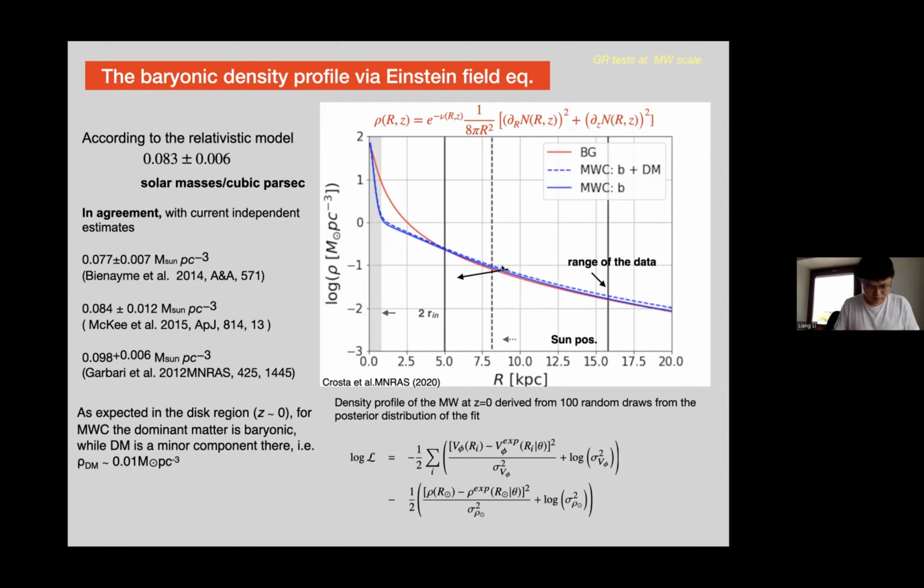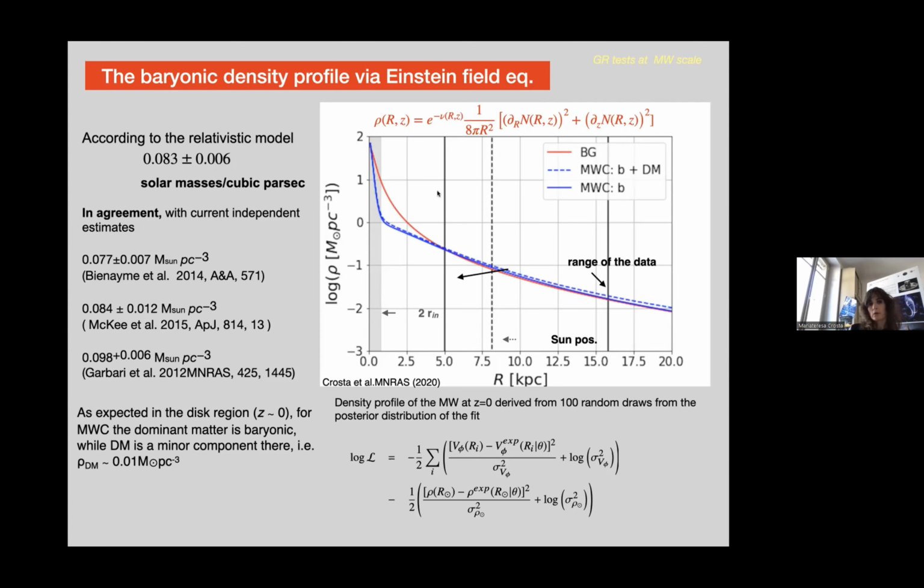Then we compare the density. We take the other Einstein equation related to the density, and differently from Balasin and Grumiller, we have this new parameter that is related to the conformal factor of this axisymmetric stationary metric. We compare the density at the sun; of course, we have only one point at the sun, so for this reason the density enters the likelihood function only at the sun.